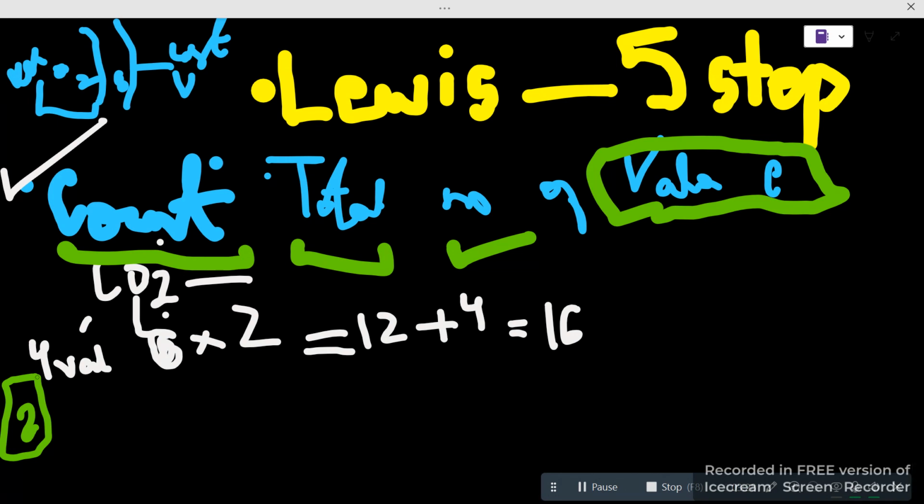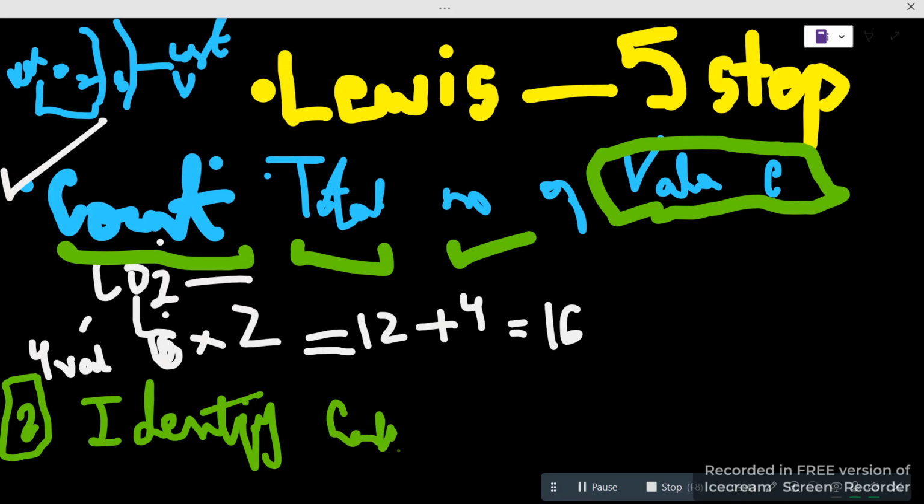The second step is to identify the central atom. How can I tell you this?